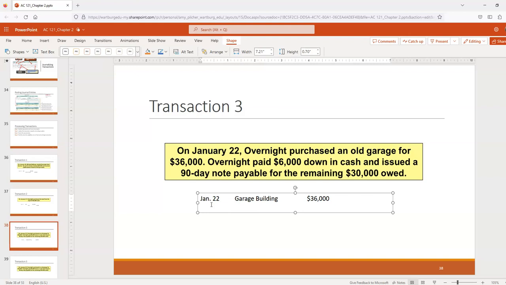So the first credit account is that we paid cash for $6,000. And the second credit account is that we have this note payable, which is a liability saying that we owe still $30,000 on that garage. So this is the journal entry for the purchase of that building.